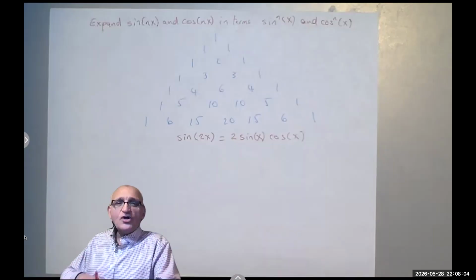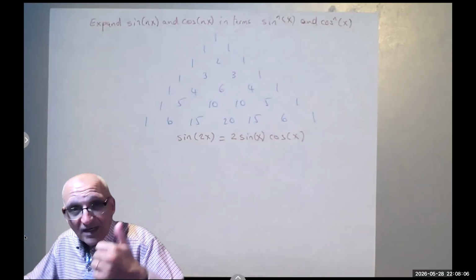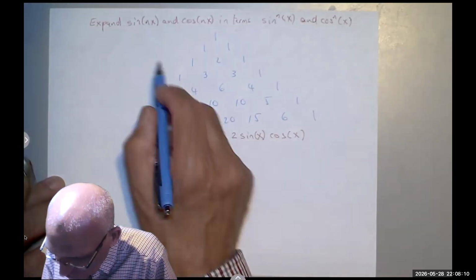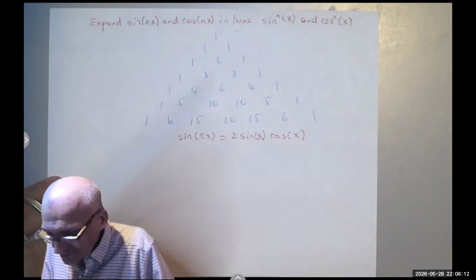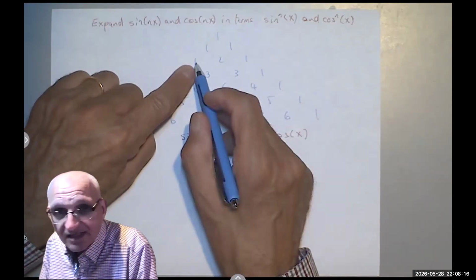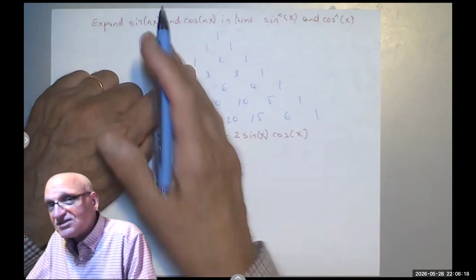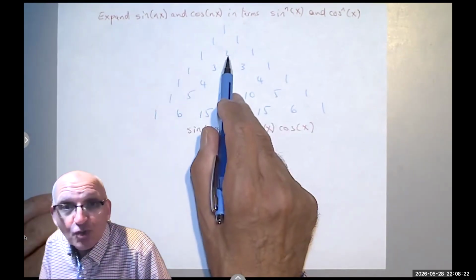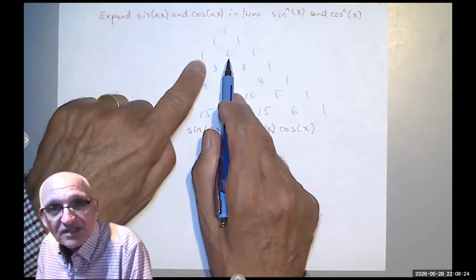Where does this 2 come from? Remember what I said. If it's nx, I go to the row of 2. The first one belongs to the cosine. It's cosine squared. I don't need it because the sine starts with the second. So when I go here, I see 2. Notice this was cosine squared.